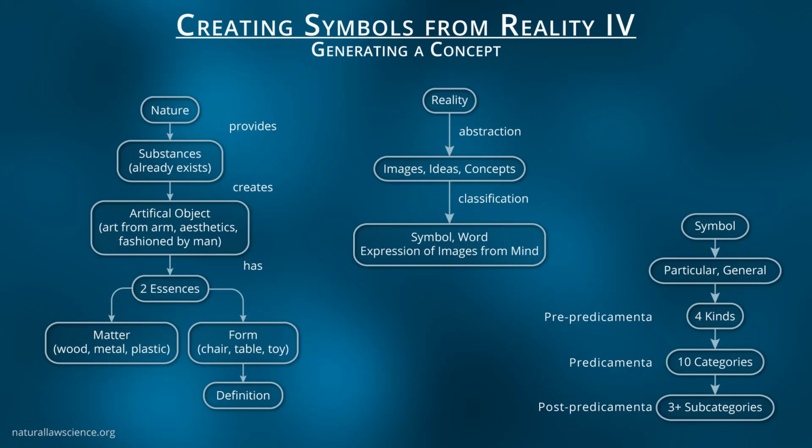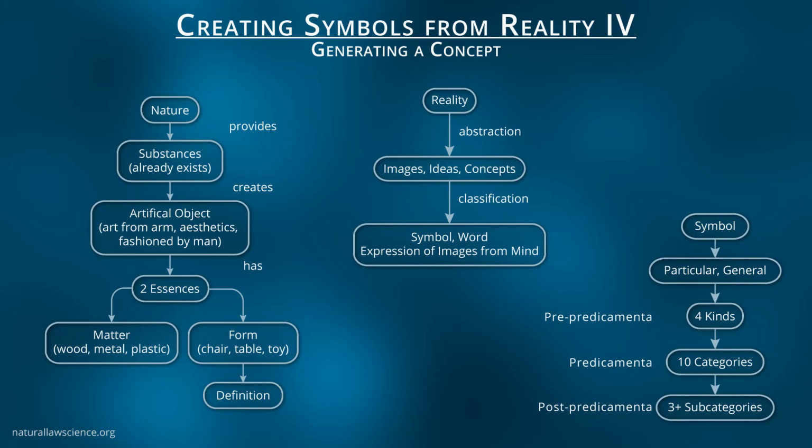But the things we create, such as a chair, a table, or a toy, well, that's the form that informs the matter. And the matter is wood, metal, or plastic. But it'll create the chair, table, or toy that'll be the same. It'll just be the matter that's informed by the form that shapes and coordinates the components of the wood, of the metal, of the plastic, into making it the specific shape that it becomes.